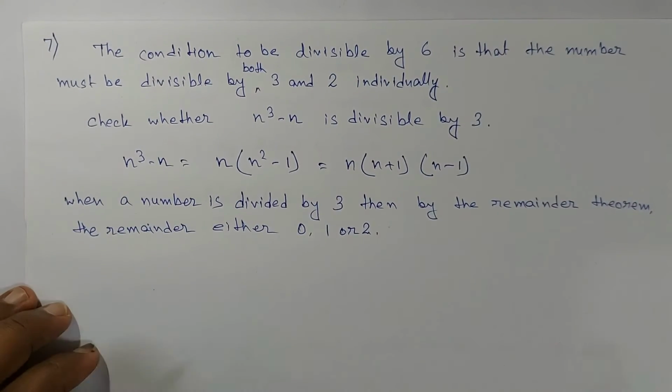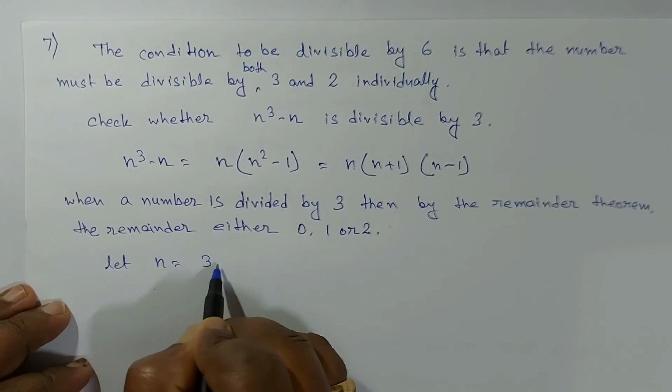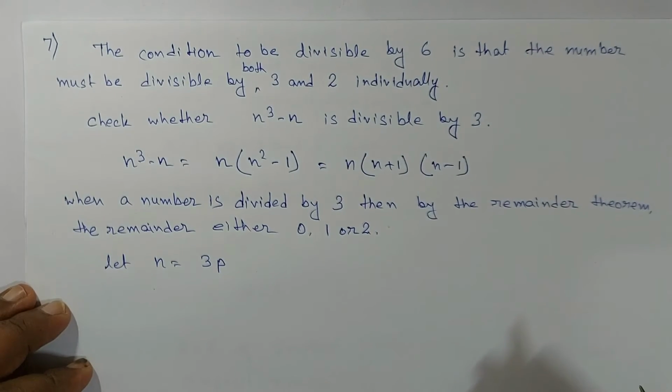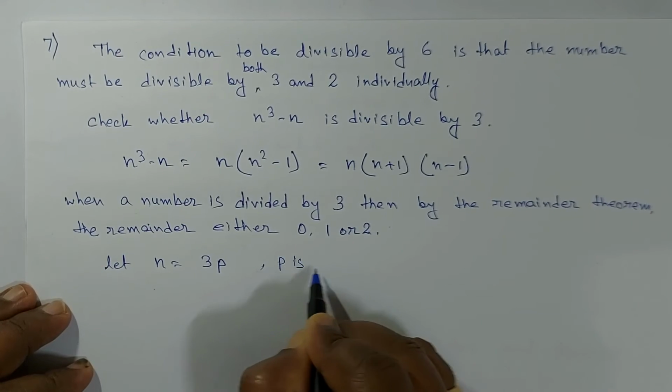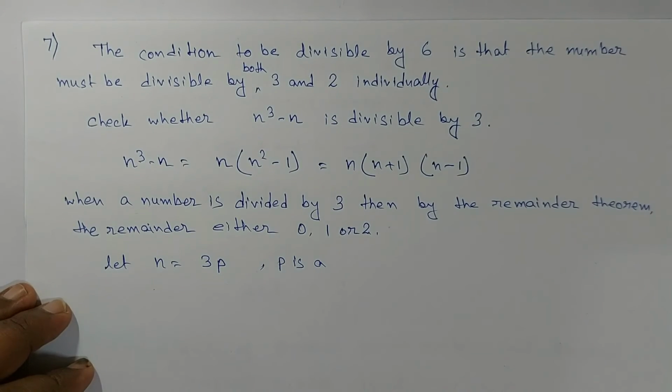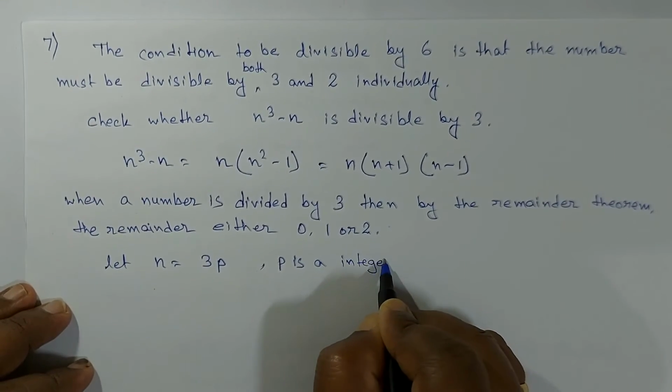So, let n is equal to 3p, where p is some integer. P can be any integer.